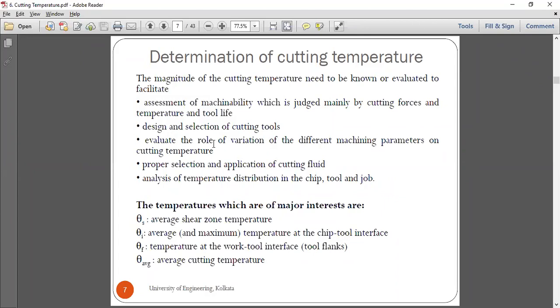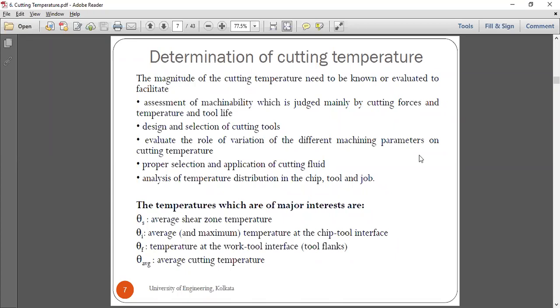That is, given the amount of cutting forces, the temperature and the tool life in place, whether the workpiece will be machined or not, whether it is possible to machine it or not. Then, design and selection of cutting tools, evaluating the role of variation of different machining parameters on the cutting temperature, and proper selection and application of the cutting fluid.